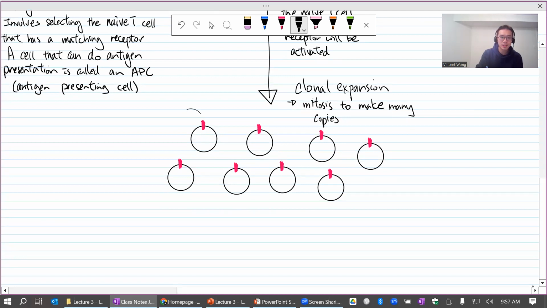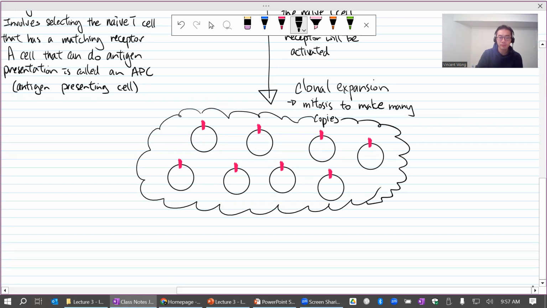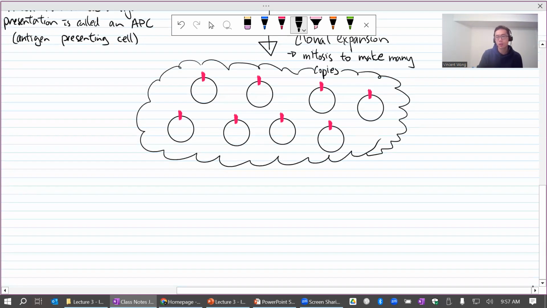So these cells are going to differentiate. They are going to specialize into different cell types. There are 4 things that they can become.